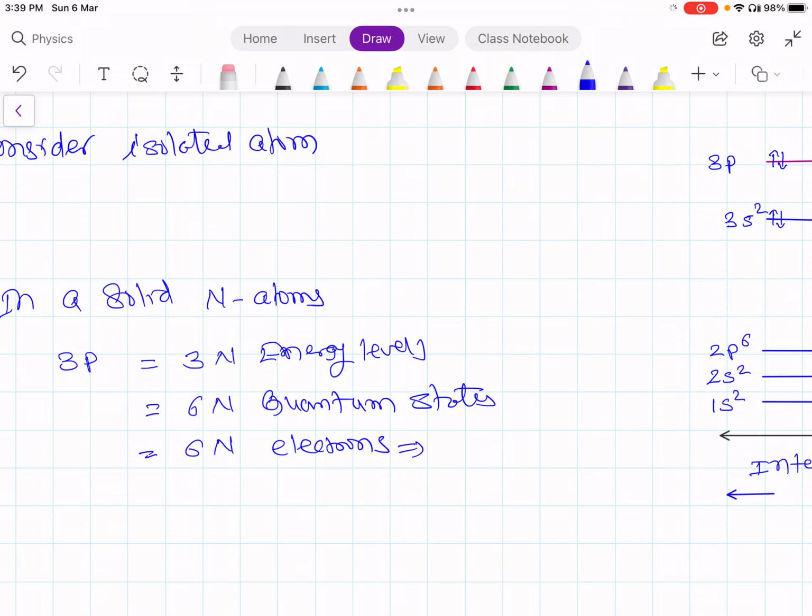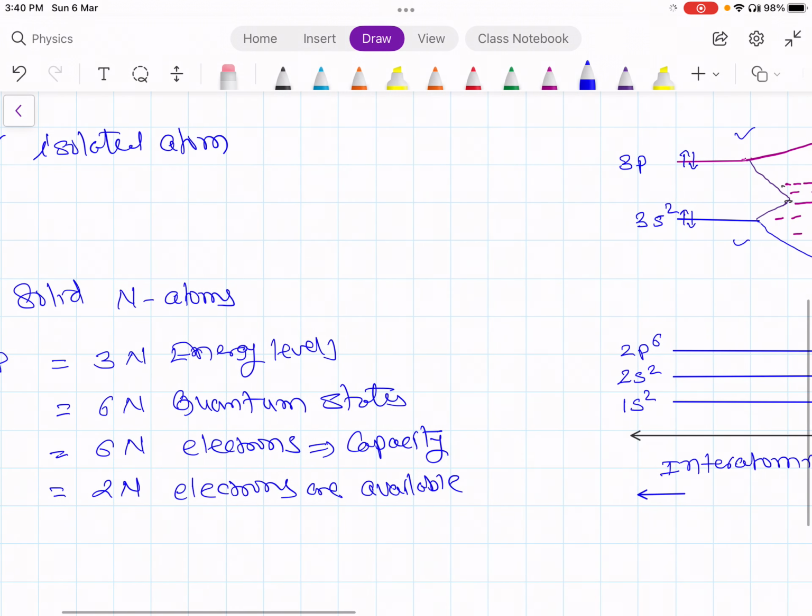However, only 2n electrons are available. So this 3p is partially filled. It starts splitting here and this one is partially filled.